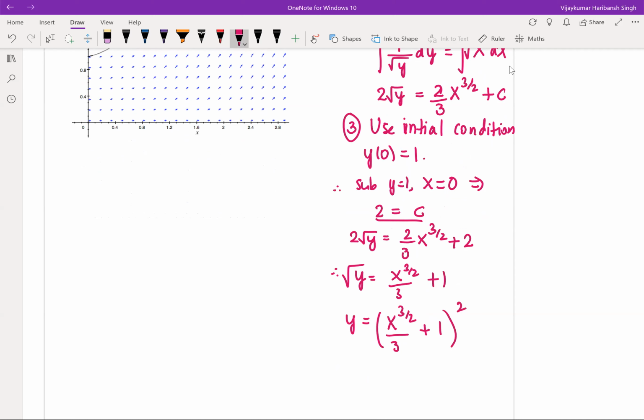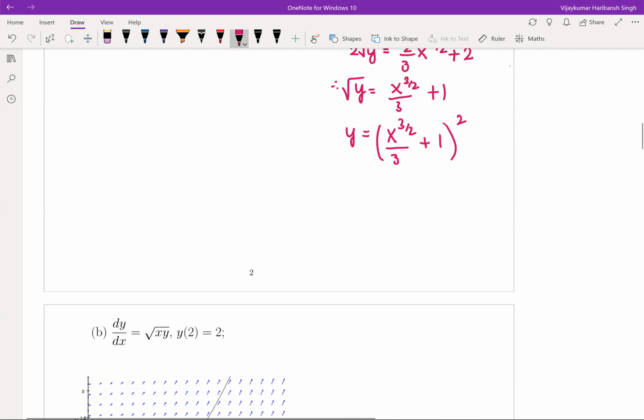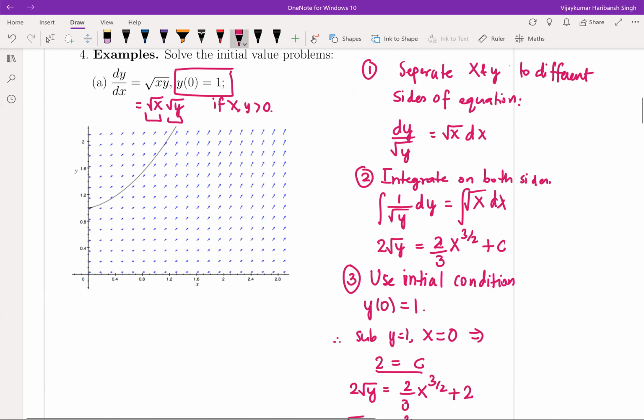So this is your solution to the differential equation. y(0) is 1, and then you are tracing the curve along that and you get your solution.